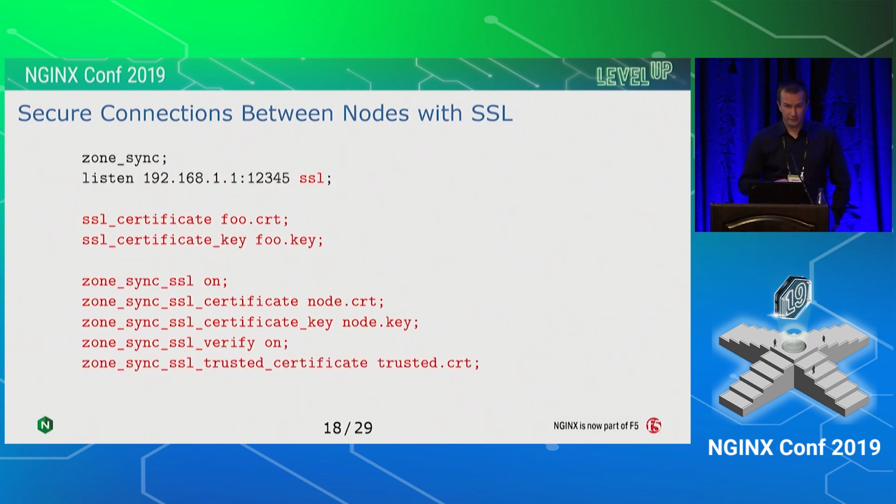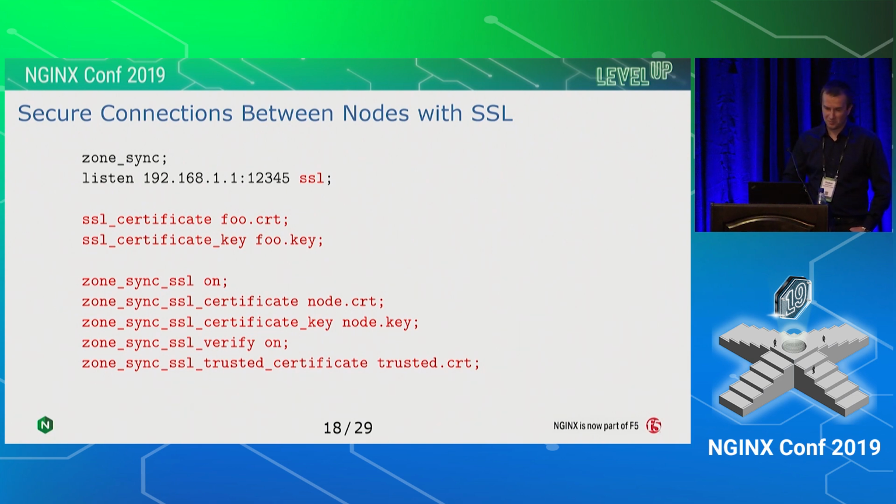Again, in real life, your nodes may reside in a non-trusted network, typically some public cloud like AWS or whatever. So to secure connections between your nodes, on the server side, you simply add the SSL flag to the listen directive and provide certificates. This is basic Nginx functionality that is not related to the cluster.